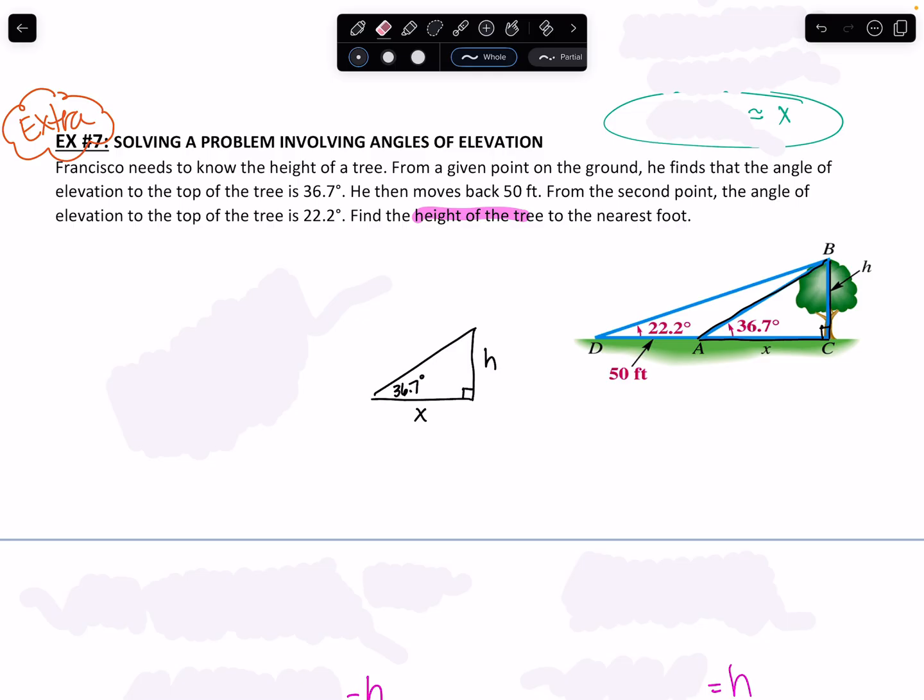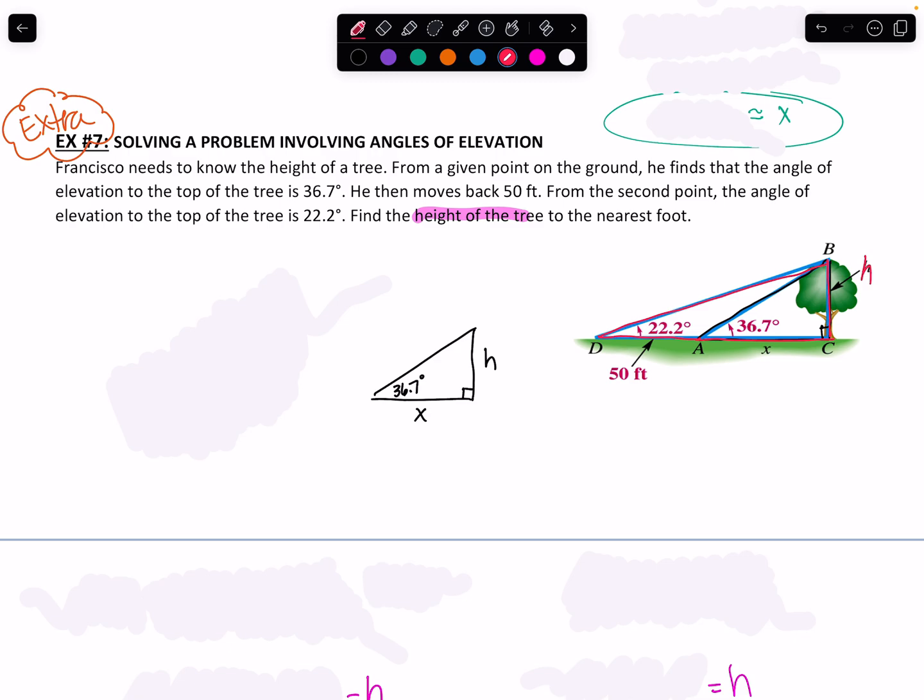Now, Francisco walked back a little bit more and measured again, right? He walked back another 50 feet, and then it said here the angle of elevation to the top of the tree now is 22.2 degrees. Now, if I look, I have another larger right triangle with some given information. The height of the tree is still h.